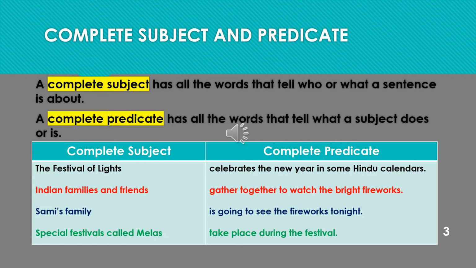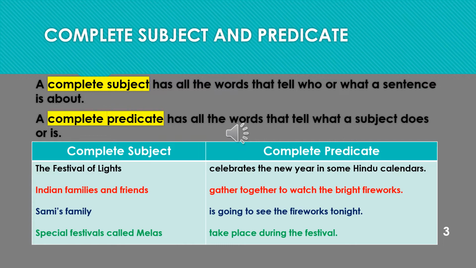The subject gives us the noun and pronouns. And the predicate is telling us what the subject is doing or what the subject is. The next one, Sammy's family is going to see the fireworks tonight.